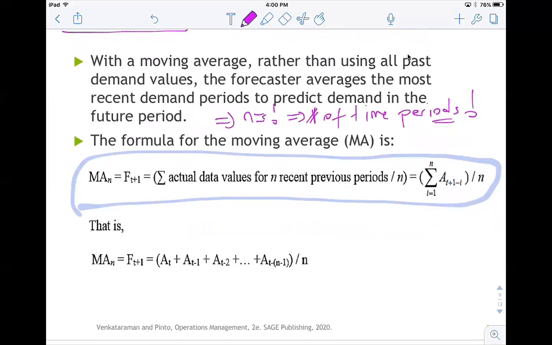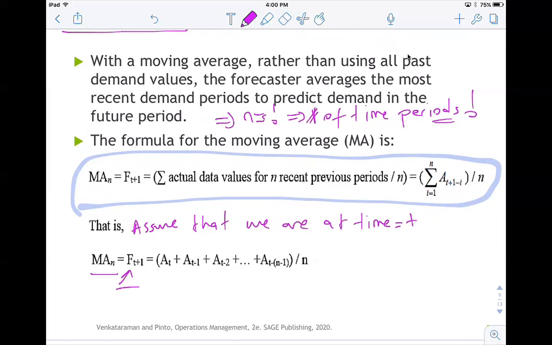Then the moving average forecast for t+1, assuming that we are at time t. If I'm making the forecast for the next time period, the reason that we represent it this way is because t can be a day, an hour, a minute, a week, a year. So t can be anything.